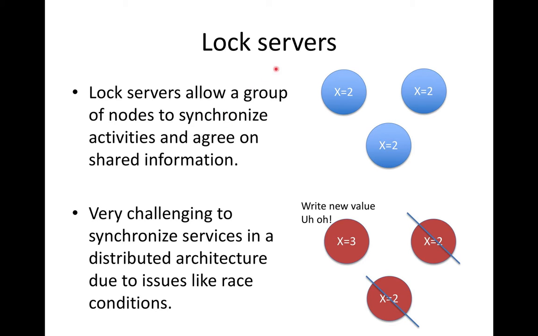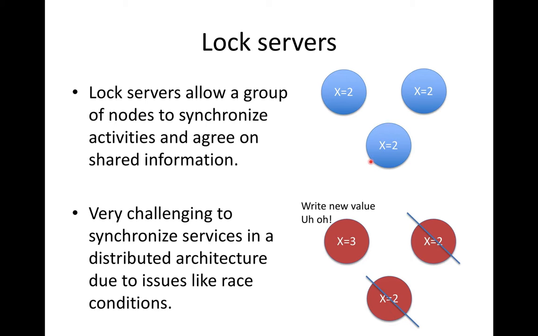In this example, I have three different servers, and each server is storing a key value pair. In this case, the key is X and the value is 2. And what we want is to be able to synchronize these key values across all three of these systems.